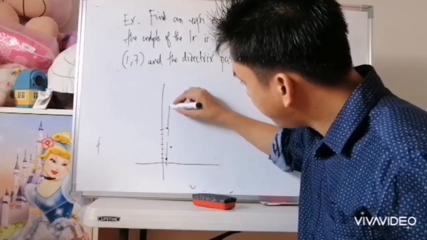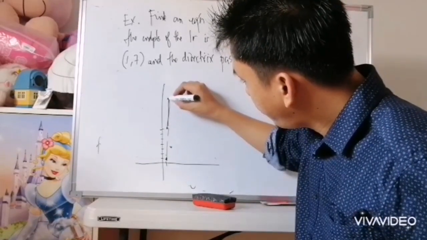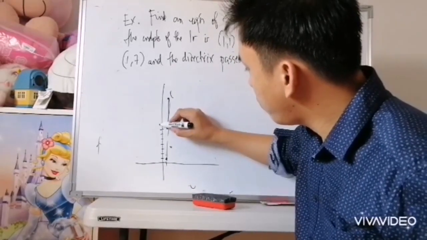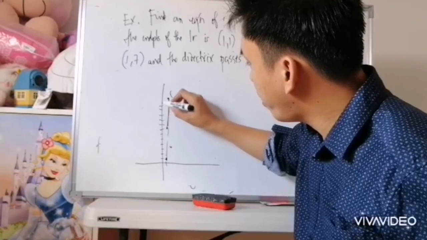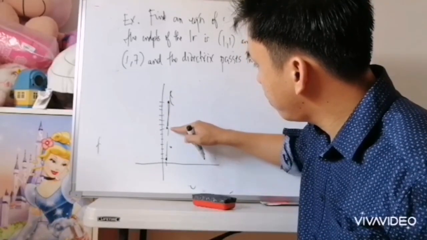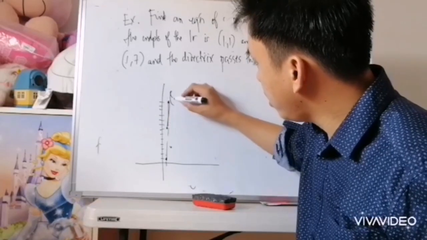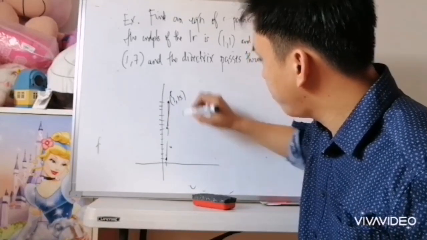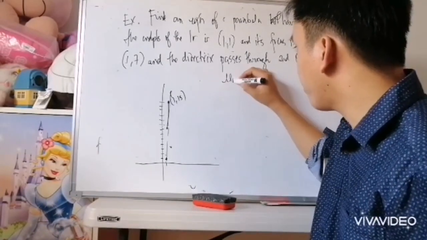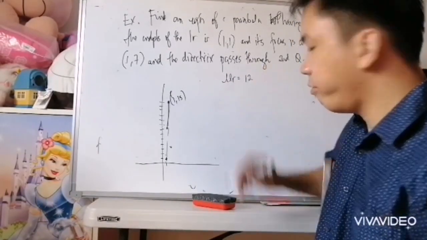So you'll have another 6 units here for another endpoint. So this is 1, 13. So simply the length of your latus rectum is 12.